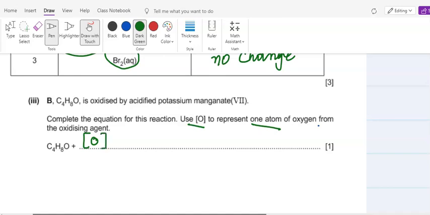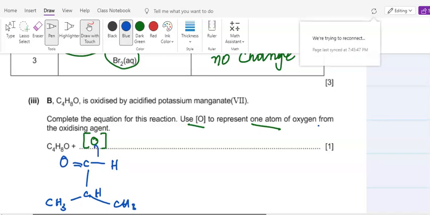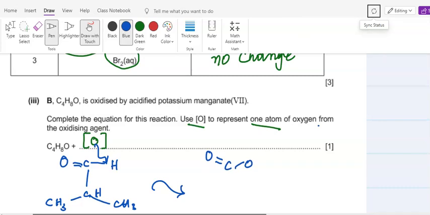Your molecule is like this: CH3, CH, CH3, and this is directly attached to C double bond O and H. So this oxygen added here converts it into a carboxylic acid, C double bond O, OH.